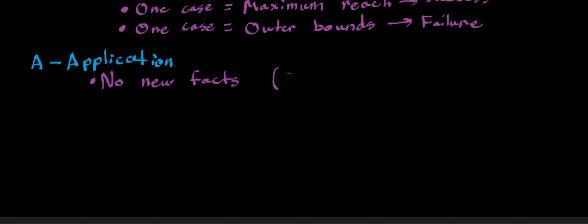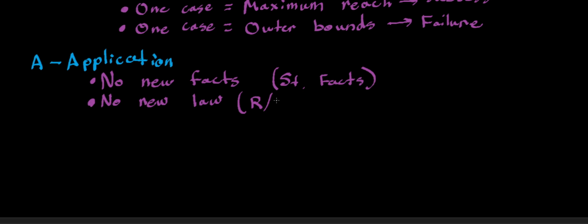In other words, all of the facts that you are using in your application section were previously disclosed in your statement of facts. And then you want to have no new law, because all of your law has been disclosed in the rule/explanation section.